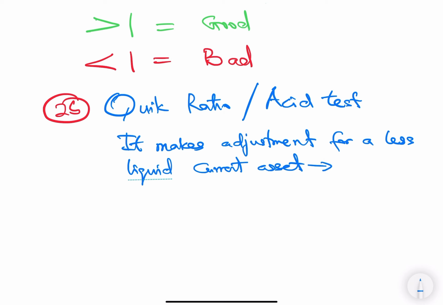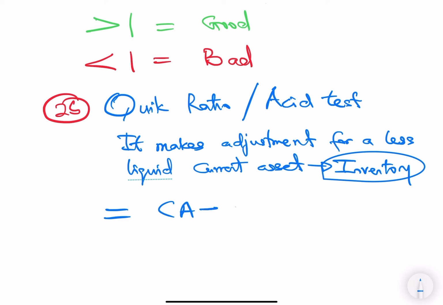And this particular asset in question is the inventory. So it believes that inventory should be taken away from current asset for this part of analysis. And that is why the formula is current asset minus the inventory divided by similar current liability.